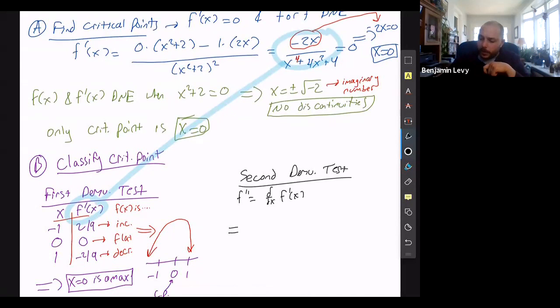We do f prime g minus f g prime, all over g squared.